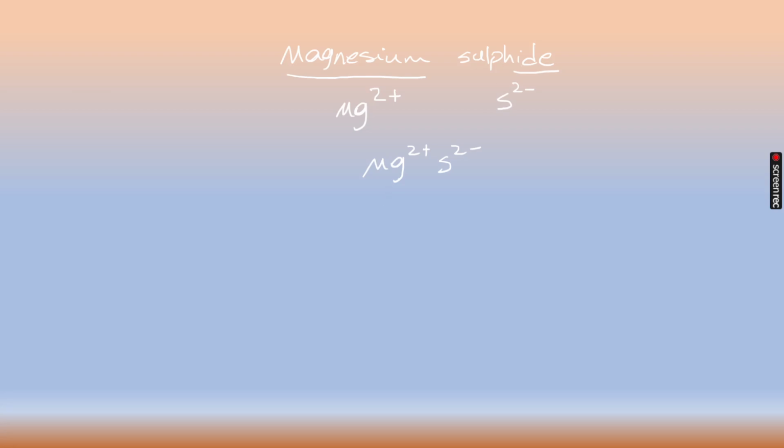So the magnesium should be Mg2 plus and S2 minus as a sulfide. We have to create a neutral compound, and you know that the magnesium 2 plus and the sulfide minus 2 can create a neutral compound, so it should be MgS. If you want to use the crossover method, magnesium's valency is 2, gives to the sulfide, and the sulfide gives 2 to the magnesium.